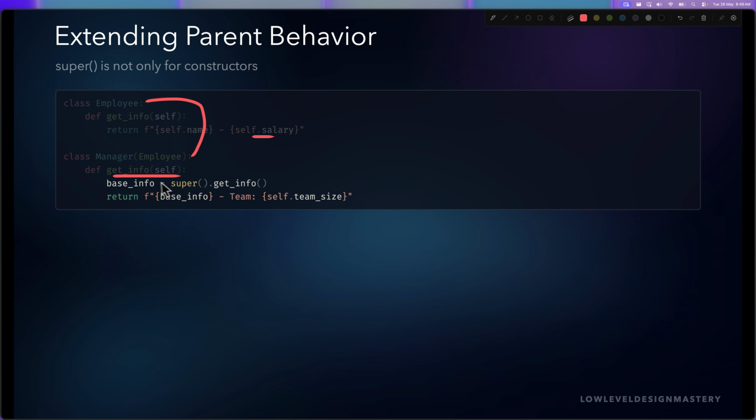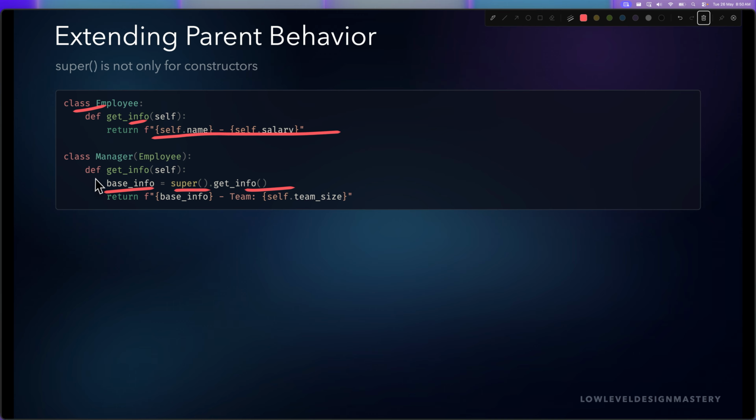It is overriding the parent behavior, but in base_info we are calling super.get_info. So super goes to Employee.get_info, which returns self.name and self.salary, that we are getting here. And then here we are returning base_info, and we are also adding the team here.